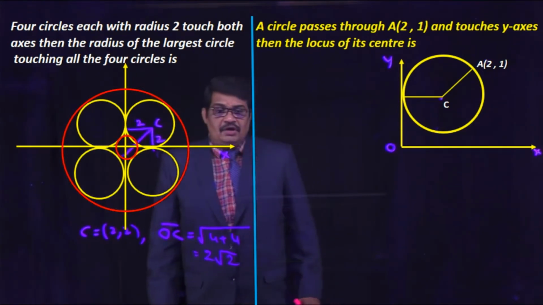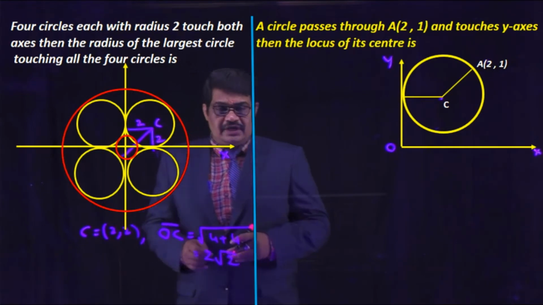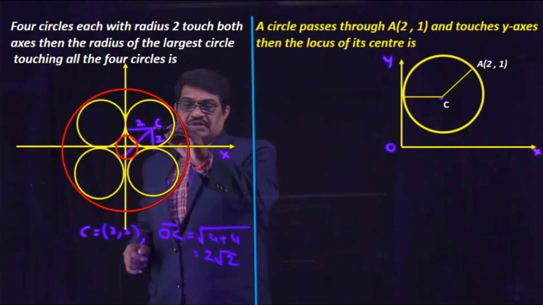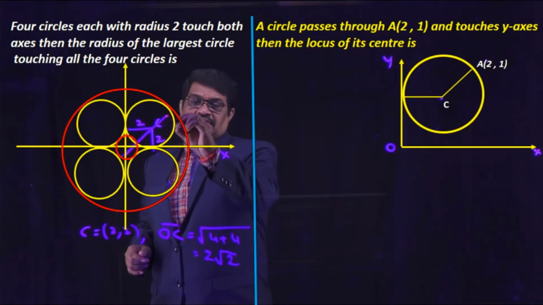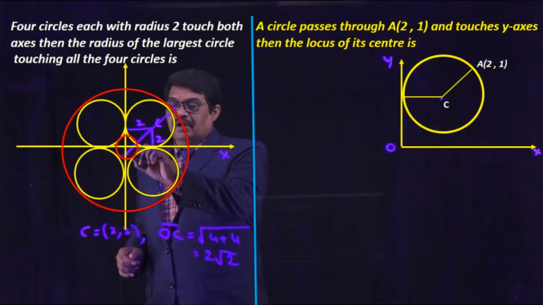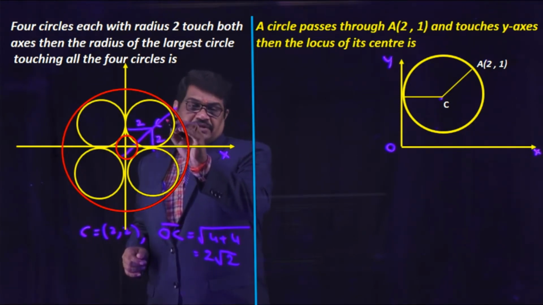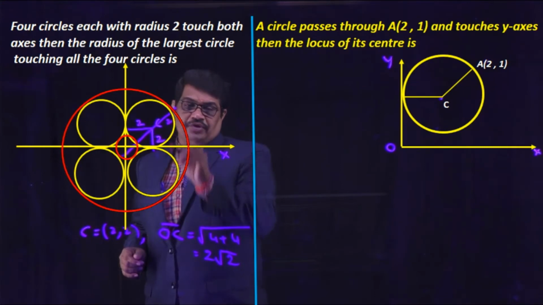Okay. Now what is the radius of the larger circle? This is the larger circle's radius. From O, adding this length, which is also the radius of the small circle, is also 2 units.